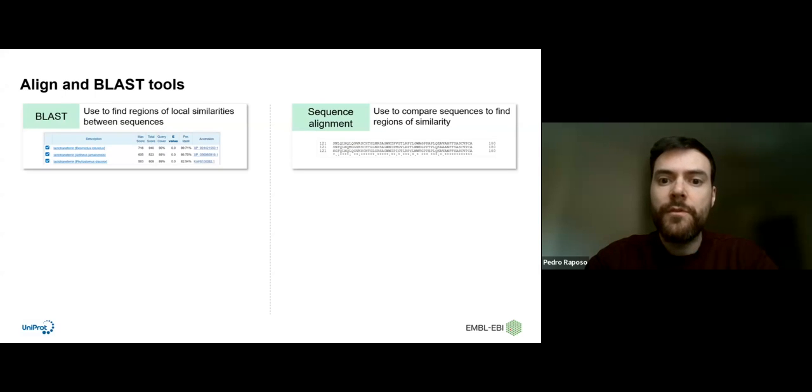The 2 main tools to do sequence analysis are BLAST and Align. On one hand, BLAST finds local regions of similarity between sequences, and on the other, we have the sequence alignment, which compares sequences to find regions of similarity.